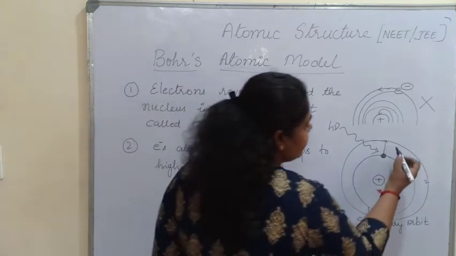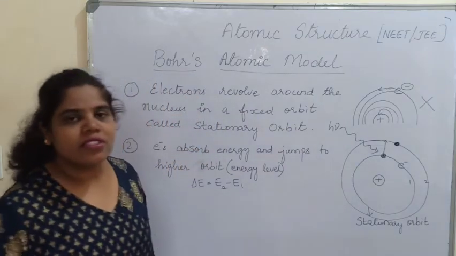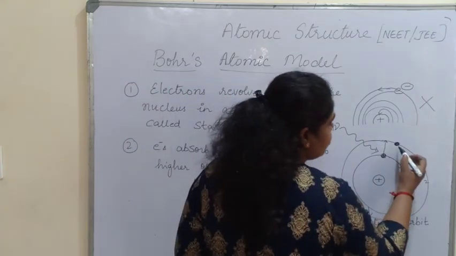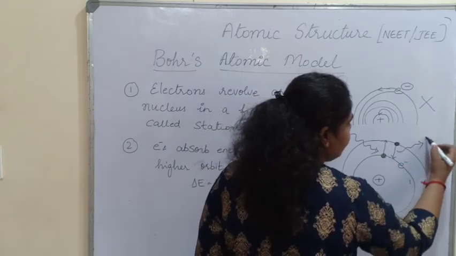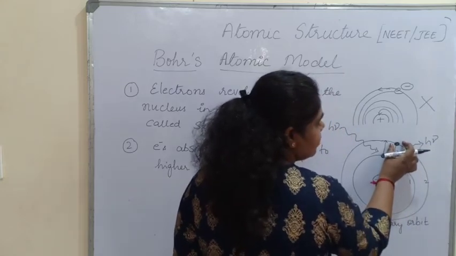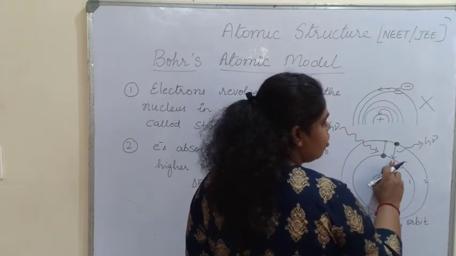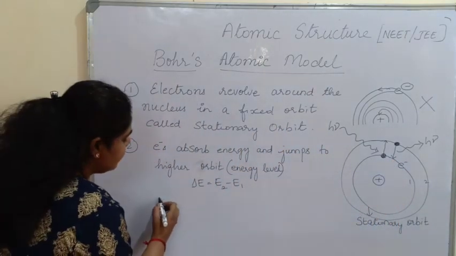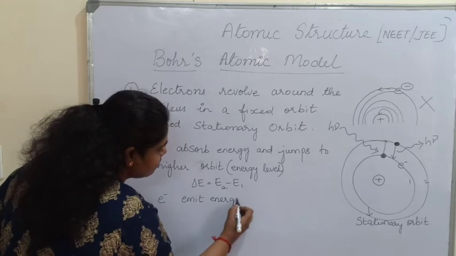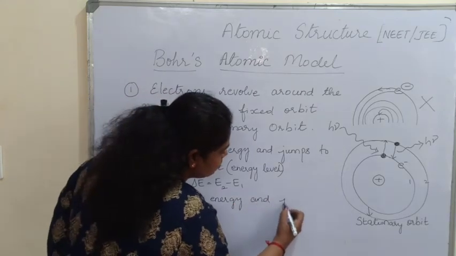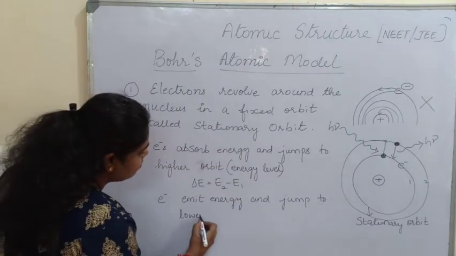Now if the electron is present in the higher orbit, the electron loses energy. It gives away the energy and jumps to the lower energy level. So electrons emit energy and jump to a lower orbit.